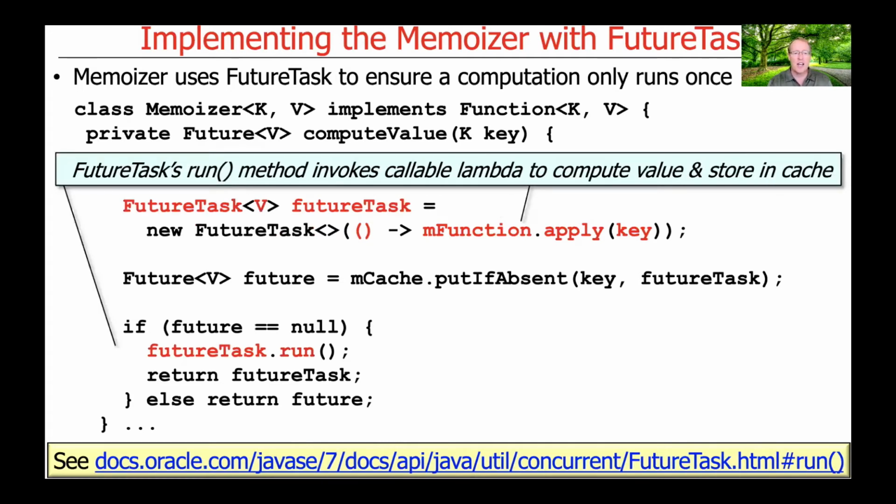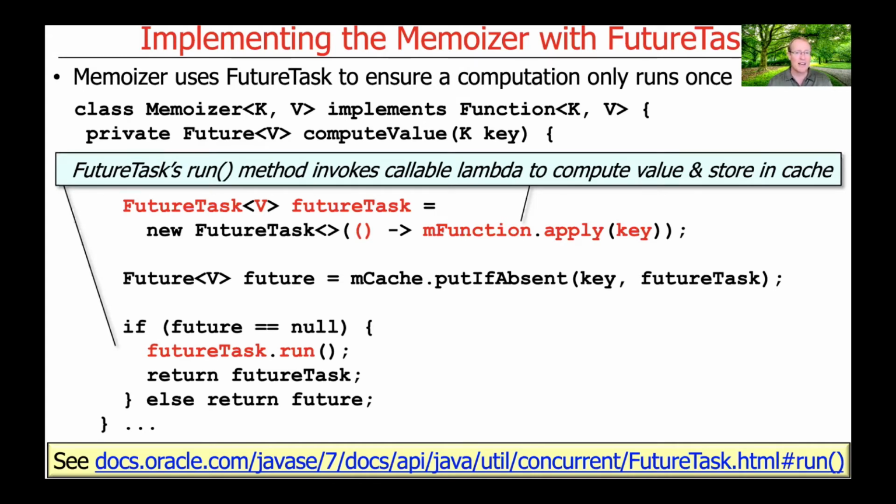So as you can see here, this callable, this parameter, this lambda expression that's a callable lambda, is going to be called when the code a line or two below calls the run hook method on the future task.